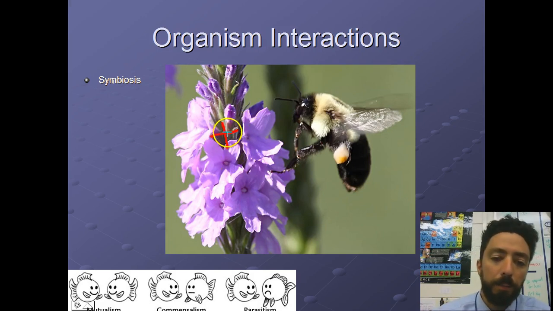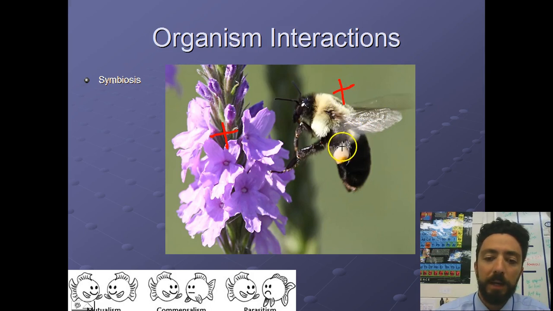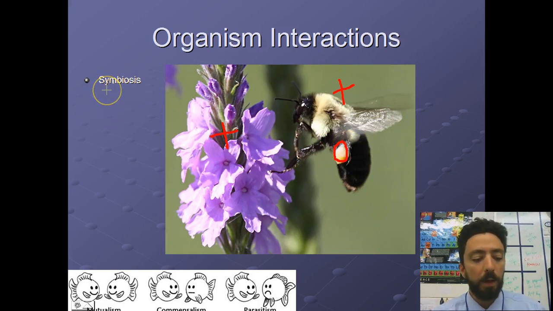So by having the bee visit it, it gets that reproduction. The bee also has a positive benefit. It's getting sugar, and there's a little lump of sugar here on its hind legs that it is collecting from the plant and taking back to the hive to share with its bee buddies. So symbiosis, both of those are positive interactions.